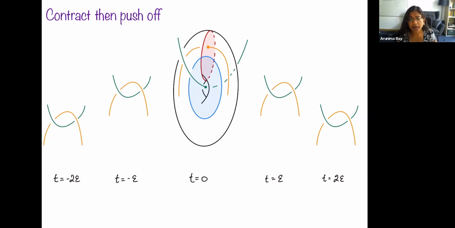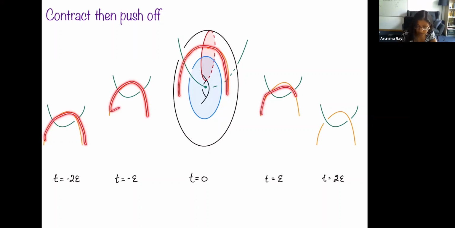But I want to think about how this contracted object interacts with other surfaces in my four-manifold. That's the key thing, that's why we like the symmetric contraction. So here I have a picture for you of an orange surface. It's drawn backwards and forwards in time by these orange line segments, and that orange guy intersects the red cap in a single point.